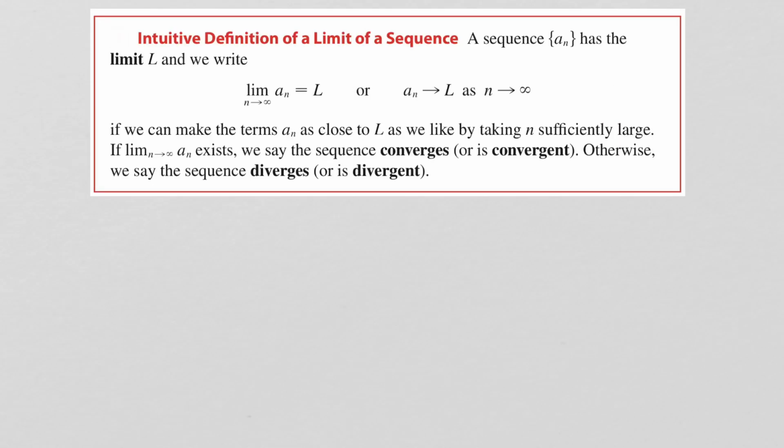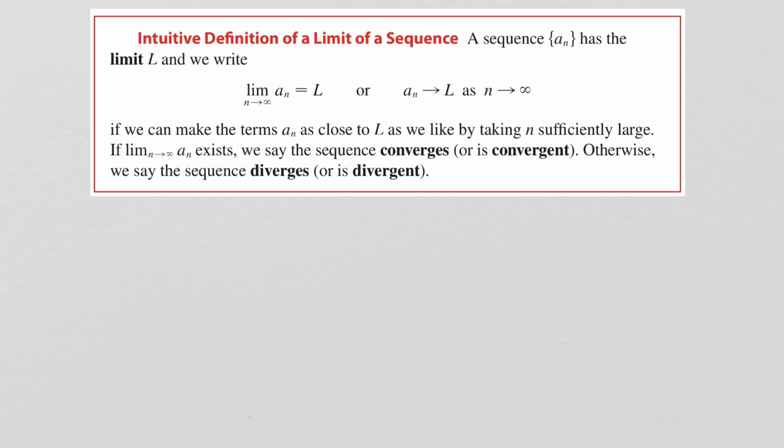So the intuitive definition of a limit of a sequence is that a sequence an has the limit L, and we write the limit of an as n goes to infinity is equal to L, or we can write an approaches L as n approaches infinity, if we can make the terms an as close to L as we like by taking n to be sufficiently large.